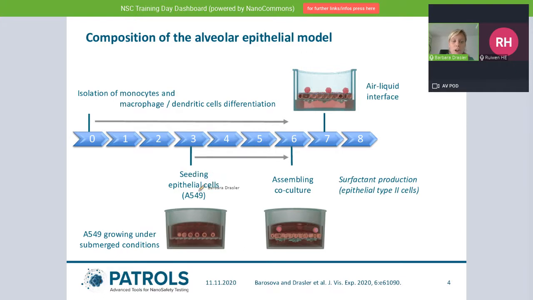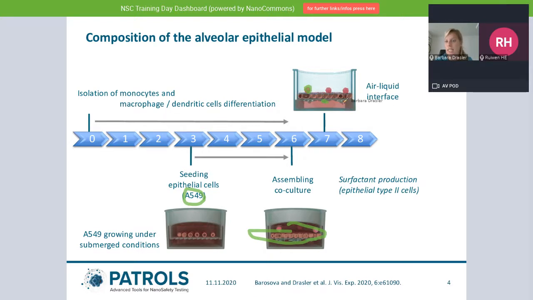So also here we selected A549s for this model, and we seed them on transwell membrane inserts, and we wait until they form a monolayer like this. On day 6, we then assemble the co-culture by adding differentiated macrophages on top and dendritic cells at the bottom of the system.